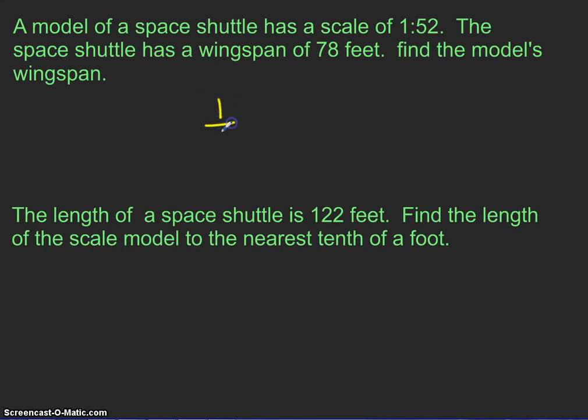Okay, next. The model of a space shuttle has a scale of 1 to 52. That's a scale without units. Your scale is a ratio. Let me rewrite that to where it looks better. The space shuttle has a wingspan of 78 feet. Find the model's wingspan. Well, this is x, right? Now, remember I said the top number represents the model or the drawing, the bottom number represents the real thing.